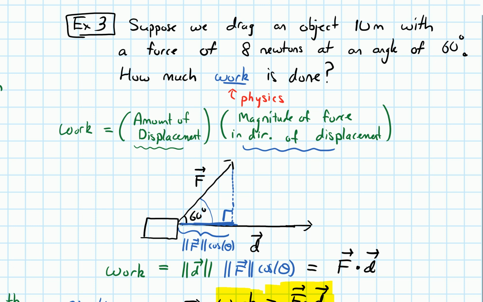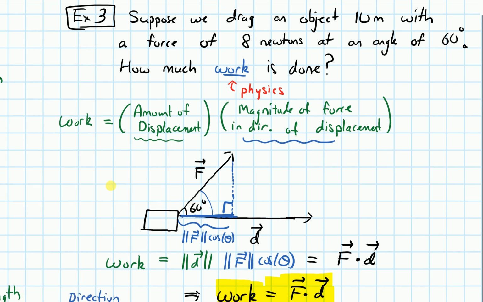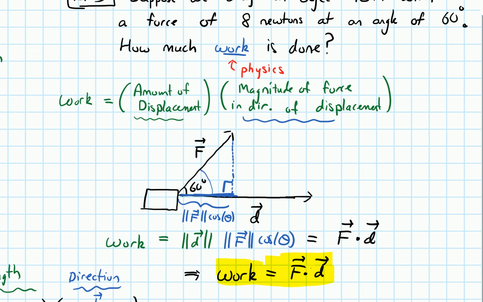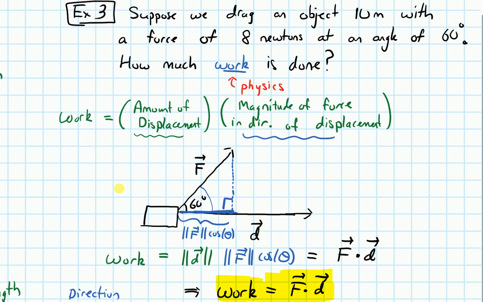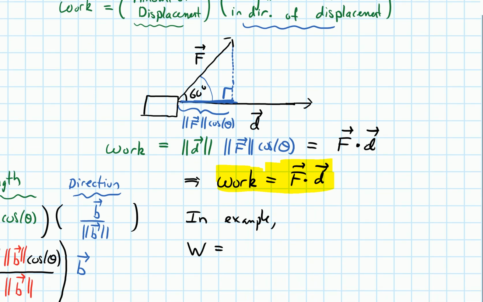We could define those and get components for f and d, or we know things like the magnitude of these vectors, so I can use the length of d times length of f times cosine version of the formula. So our work would be the length of f times the length of d times cosine of the angle in between.